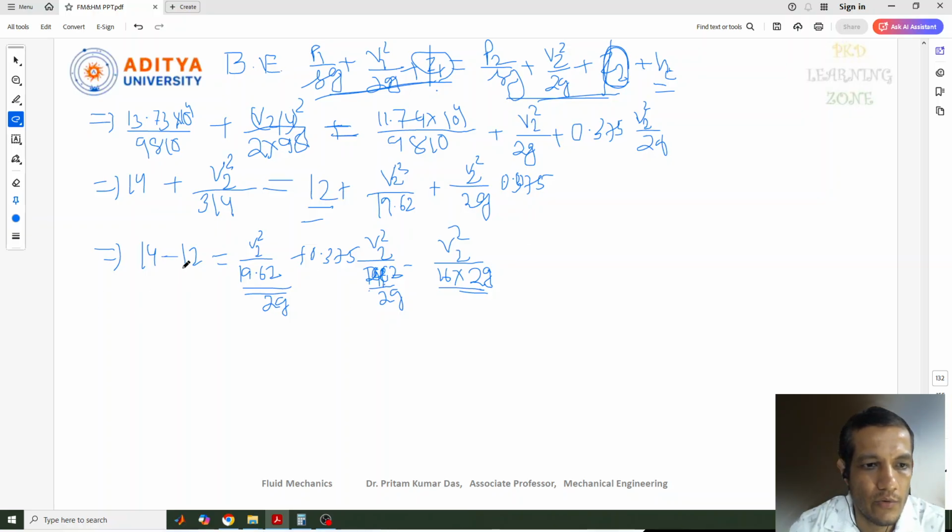So now if you subtract this value, we'll get 2, and here how much value will we get? Now take V2 square by 2G common.